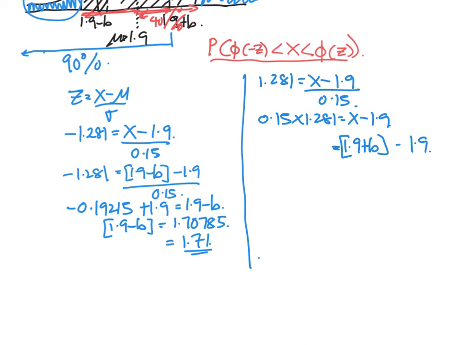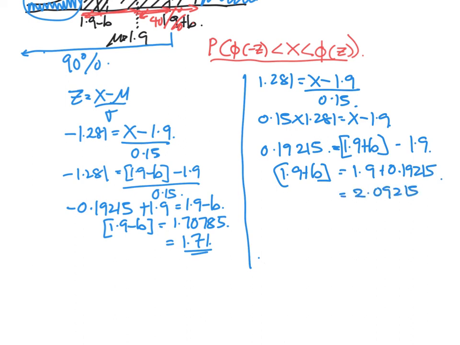When you multiply these two, I'm getting 0.19215, and you add that: 1.9 plus b equals 1.9 plus 0.19215, and the answer I'm getting is 2.09215, approximately 2.09.